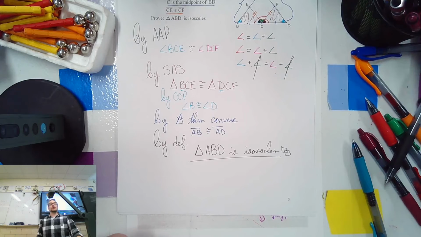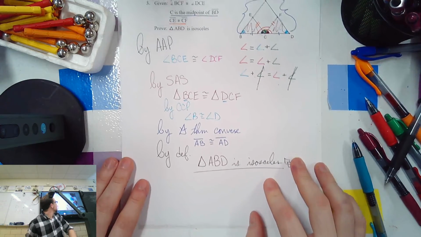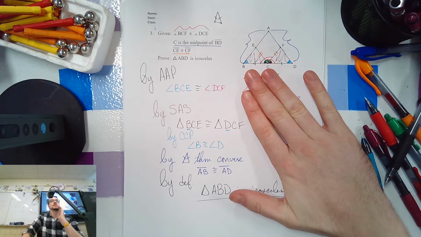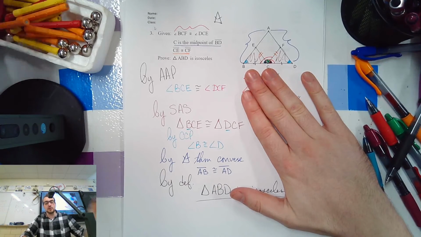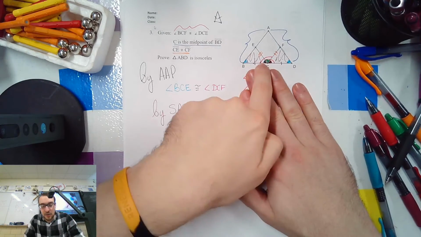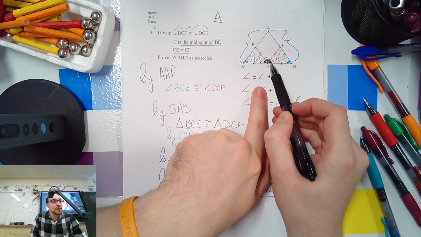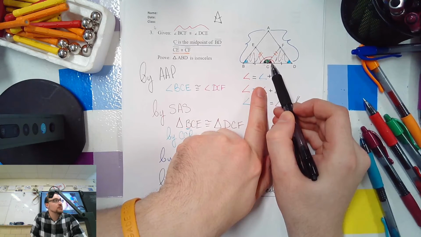All right, again, we're going to back up and go over it again, okay? Give you a second to think, and then we're going to go over it again. So here's what I did. I said, I know this angle and this angle are the same by angle addition postulate, right? We have some overlap here. If we cut out the overlap, what's left over is the same.